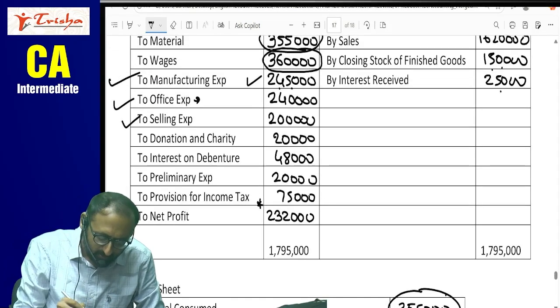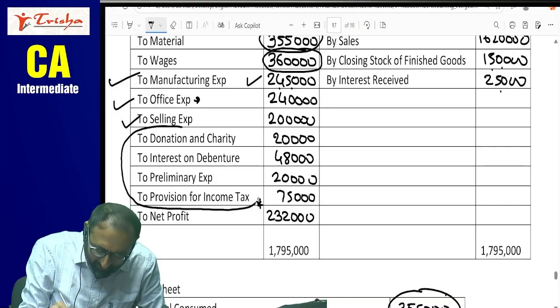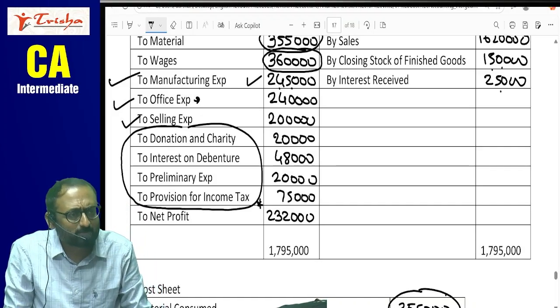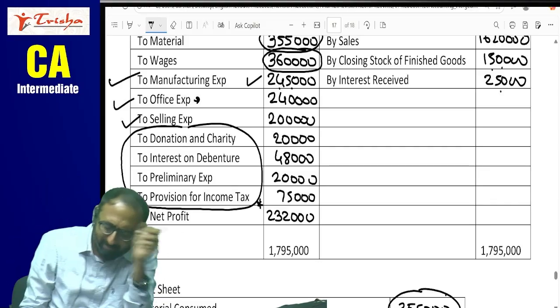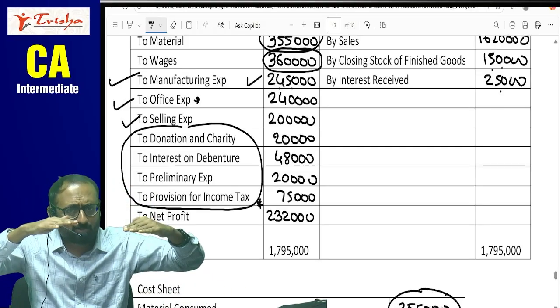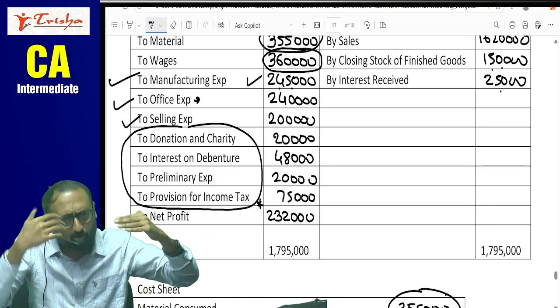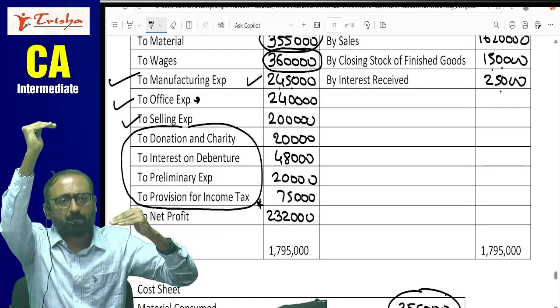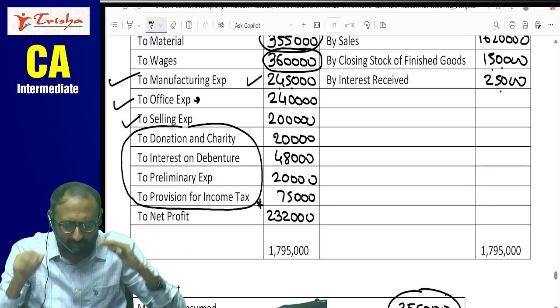Next, Sirji. All these expenses, donation, interest, income tax, preliminary expenses, are not considered in costing, but these expenses are considered in finance. If expenses are not considered, profit under costing will be higher. From costing, you are going into the finance. You will have to deduct all these expenses.